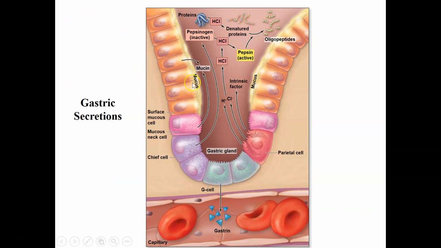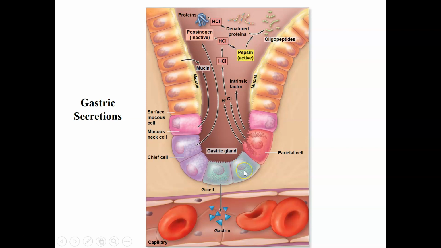This slide is just summarizing what it looks like in a gastric gland, and all of the secretions from the parietal cell, chief cell, mucous neck cell, those get dumped in together into the gastric gland lumen, and they're going to be secreted together as what's called gastric juice, a mixture of all of those substances.